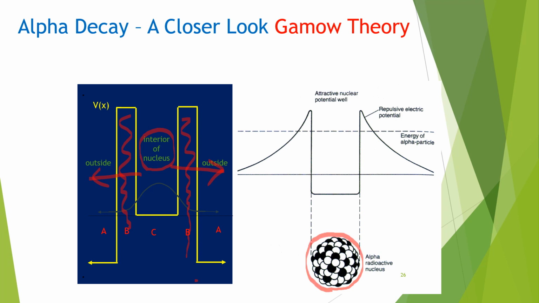This has a potential barrier that we can chart like this, and the alpha particle is having an energy level of this order and the barrier is of this order. So the alpha particle is escaping through the barrier. That is the picture.